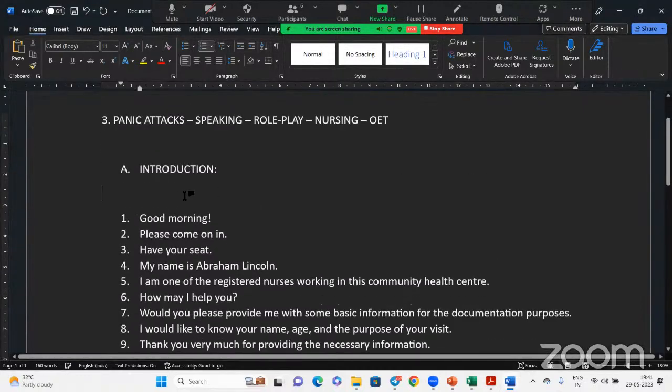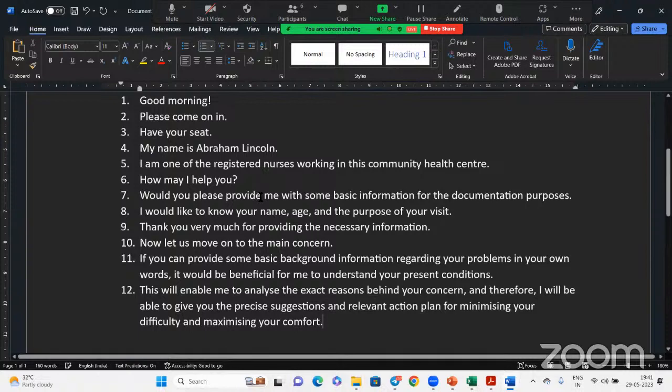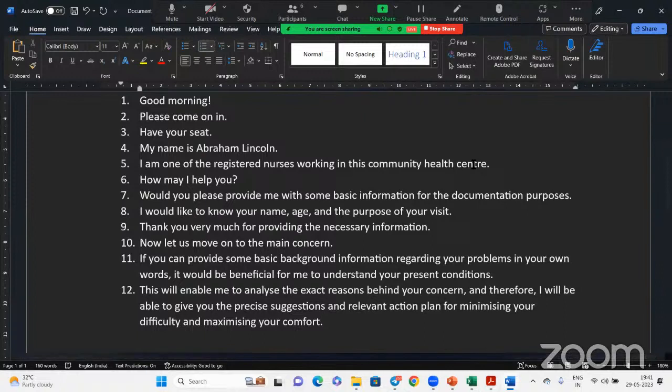So note down your sentences and try to practice them on a daily basis.